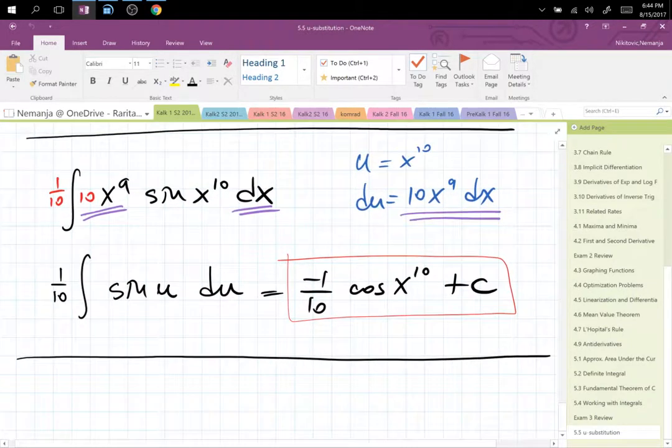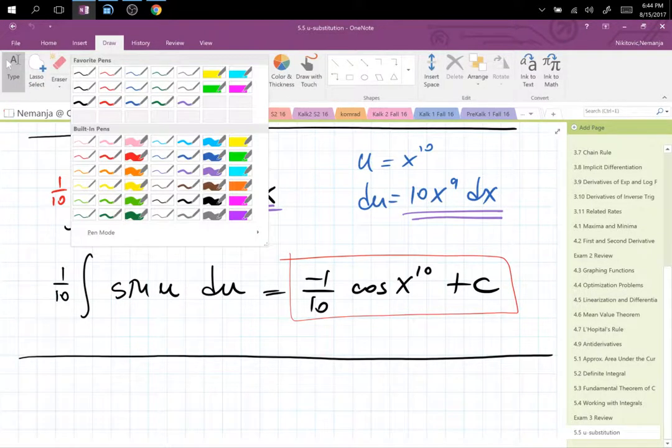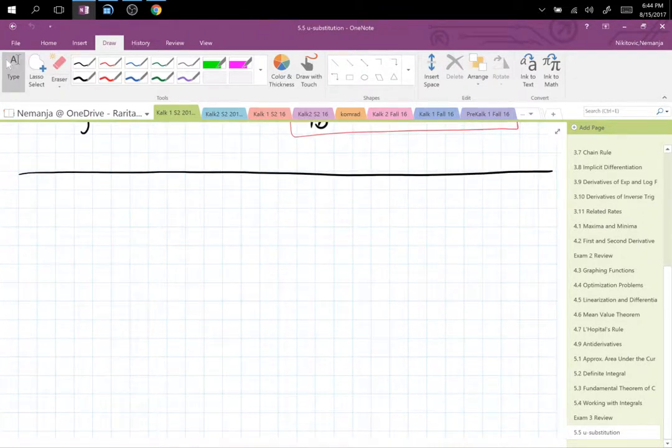Last time we said look for a function-derivative pair, put the function as u, the derivative will remain as a du, and it should turn into a basic integral which you can solve quickly. Now we are going to do these transformations for problems that have limits.